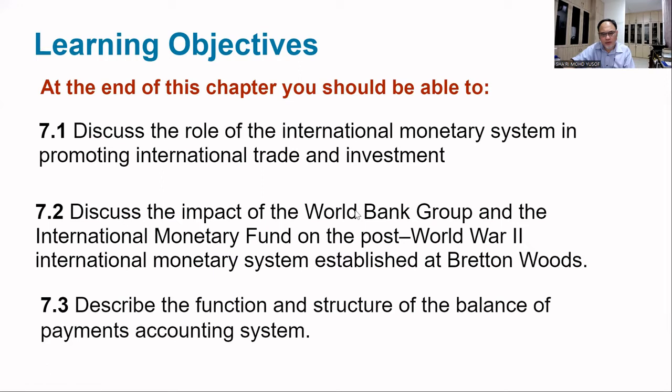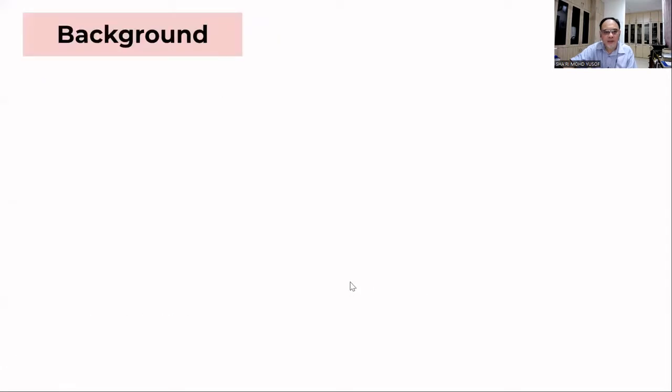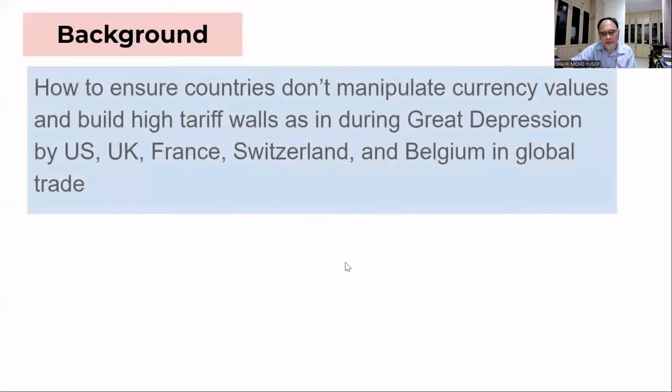This too relates to the international monetary system, but it is supported by the balance of payments accounting system, which you should be able to describe in function and structure, being practiced by countries all over the world and monitored by the World Bank and people who analyze this.